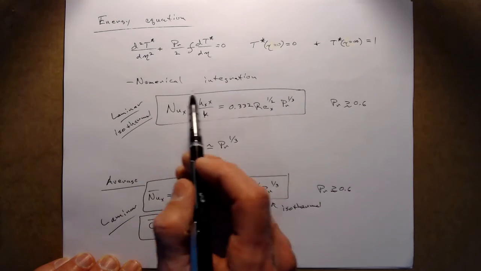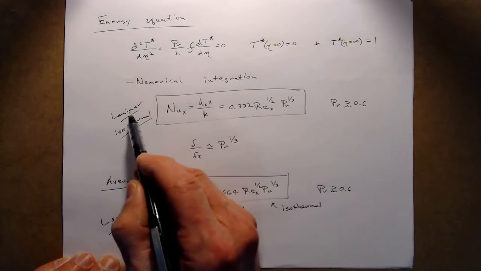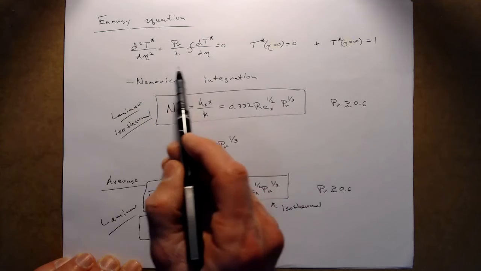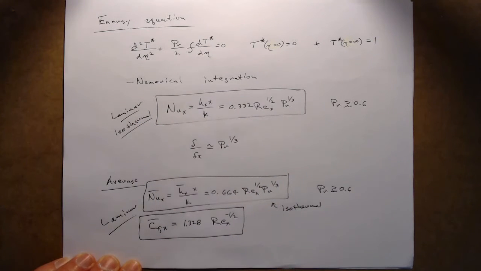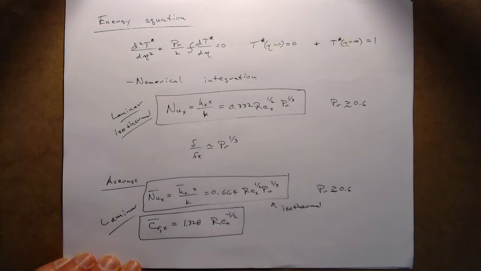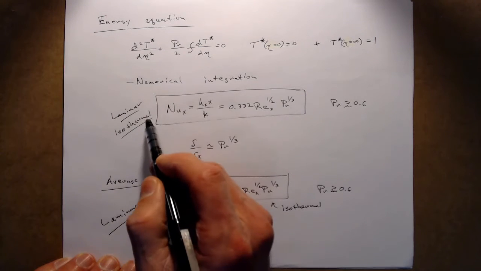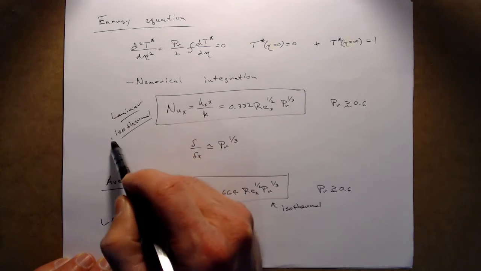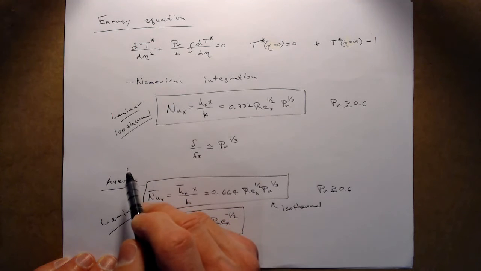Now this solution is only valid for laminar flow, and these boundary layer equations that we've derived were valid for steady flow, and therefore exclude the possibility of turbulence. And also this is derived for an isothermal situation.